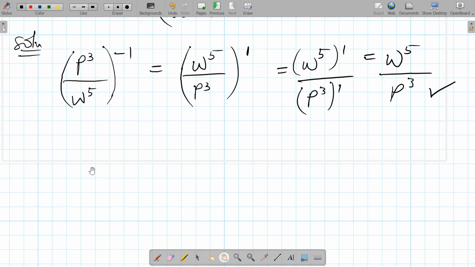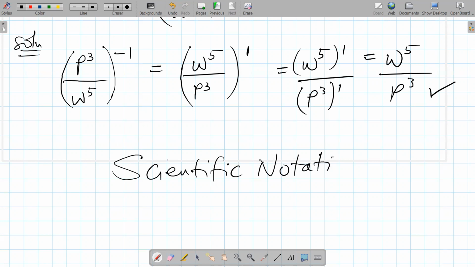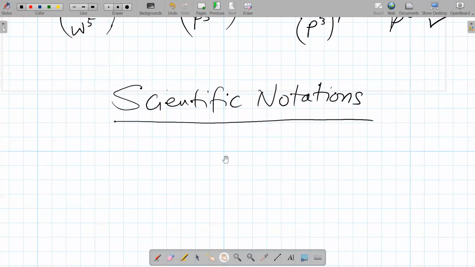Let's look at scientific notation. So just as the name implies, there are certain numbers that are better used in sciences, and most especially when you're talking about maybe physics or chemistry.